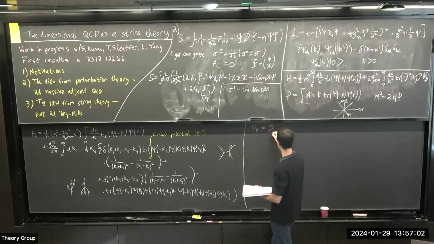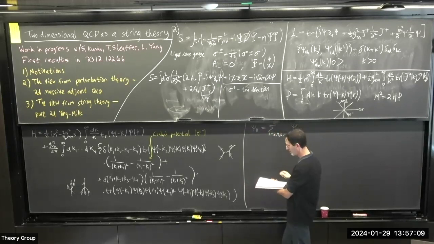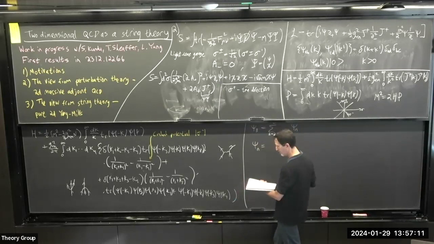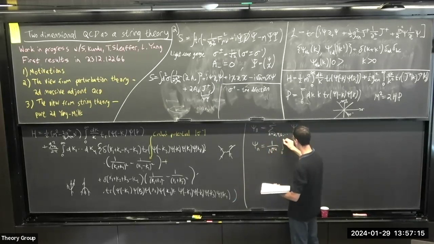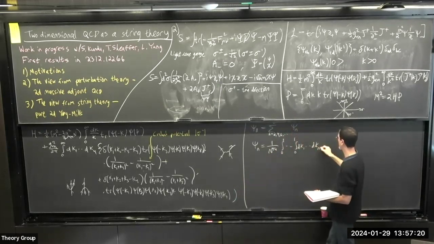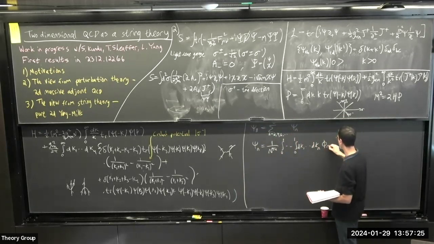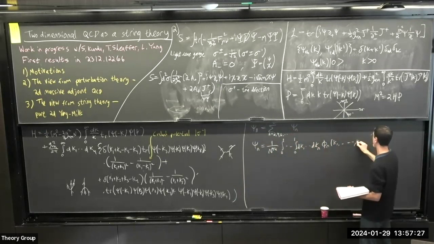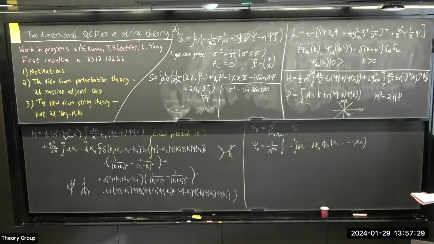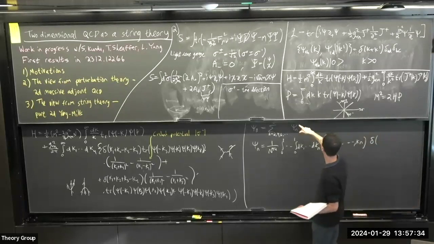A generic bosonic state made from these adjoint fermions would be a sum over all even particle numbers, with the appropriate normalization. We have some wave function in these light cone momenta, some wave function psi_n of these n momenta.